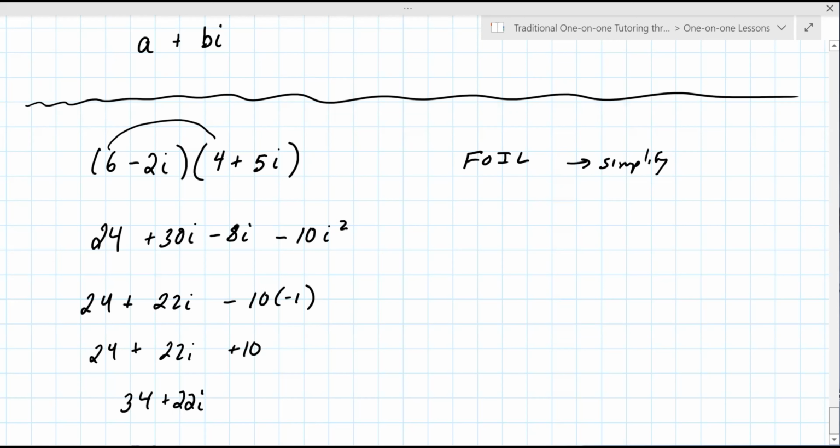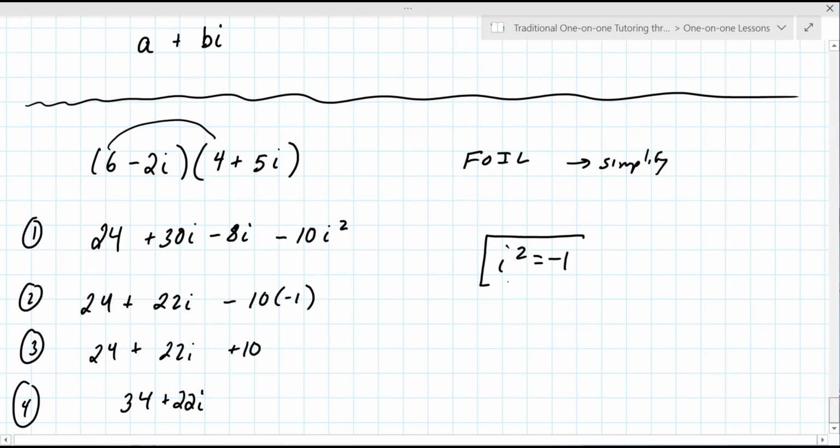Is that what you got? No, it's not. Okay, where is your mistake? Is it in line 1, 2, 3? I forgot to do the -1 and kept it as an i. So yeah, this is important, right? Yeah, I forgot.